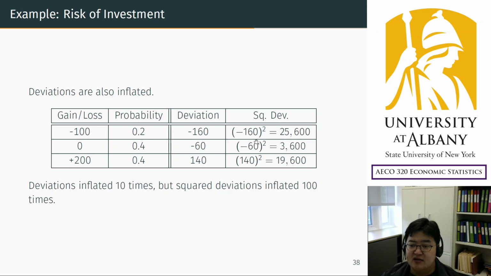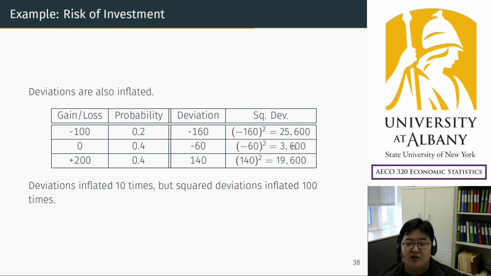And this is because we squared the deviation. So the deviation is multiplied by 10, and then you square it. That is, multiplying by 10 becomes multiplying by 10 squared. So times 100. So squared deviations are inflated by 100 times, which is the square of the original multiplication.